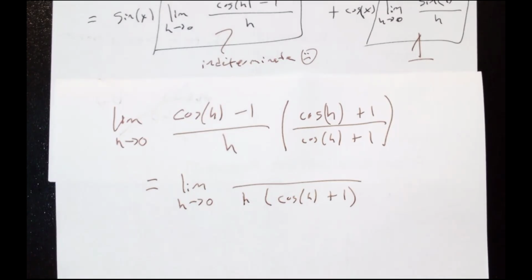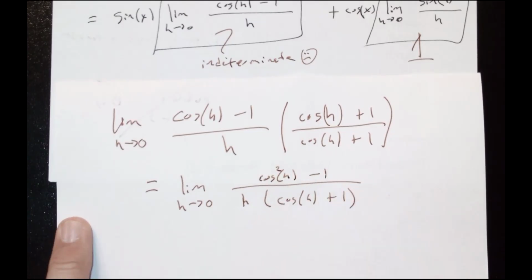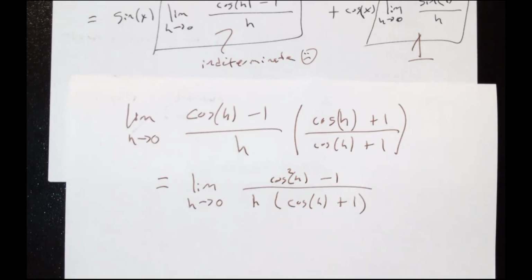But what happens when I multiply out the top? Great. Cosine of h squared minus 1. Hey, wait a minute.